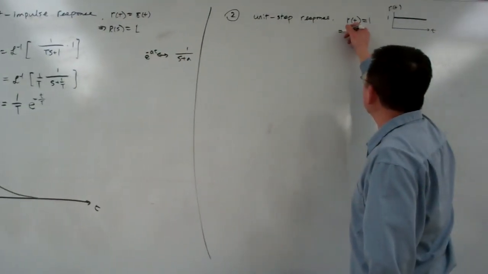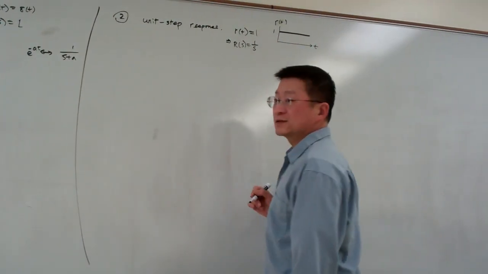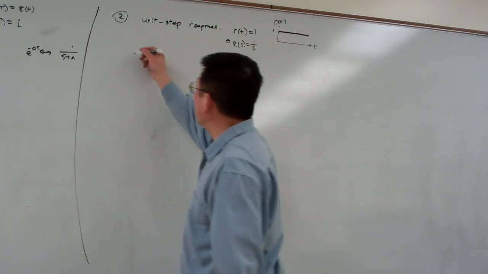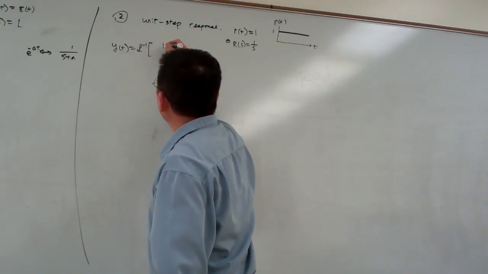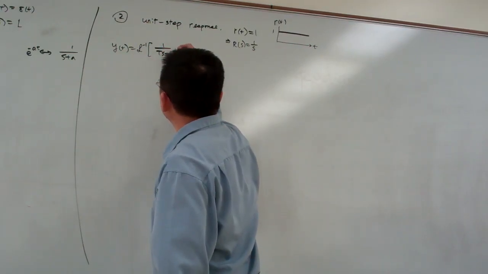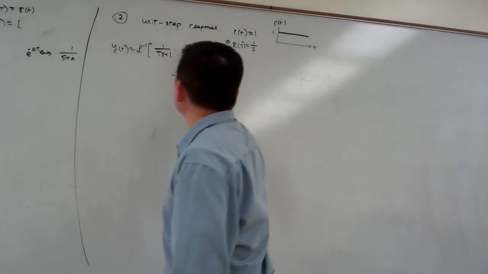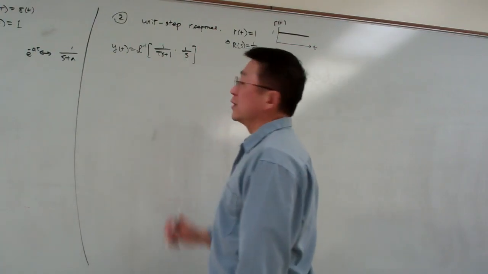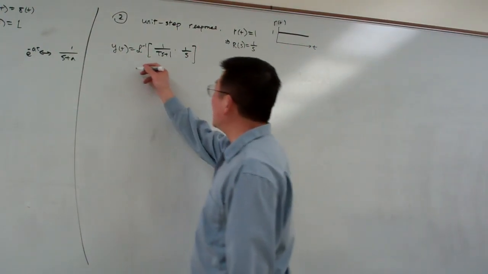In this case, R(s) equals 1 over s. So we calculate Y(t) equals the inverse Laplace of 1 over (Ts plus 1) times R(s), which is now 1 over s. I believe everyone should be able to do it.